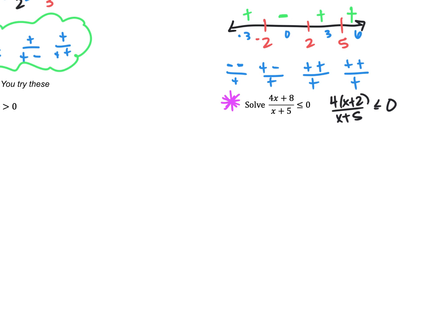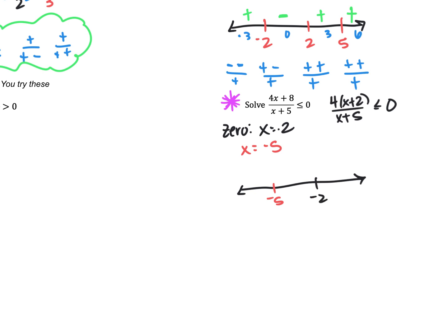It does make it easy to see what our real 0 of that function is at x equals -2. And then what's my no-no spot? -5, okay? And so when we set up our number line, we've got -5 and then -2, okay?